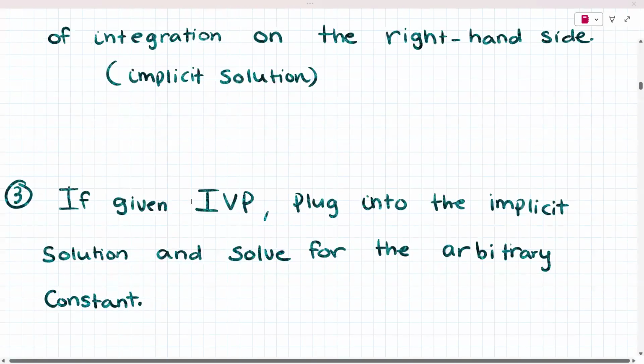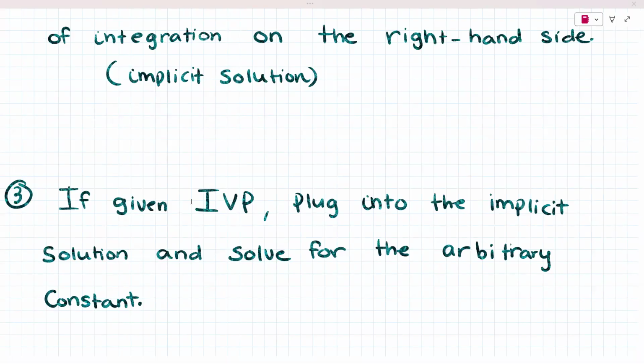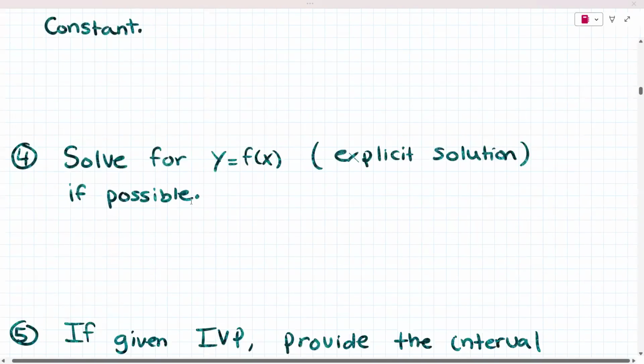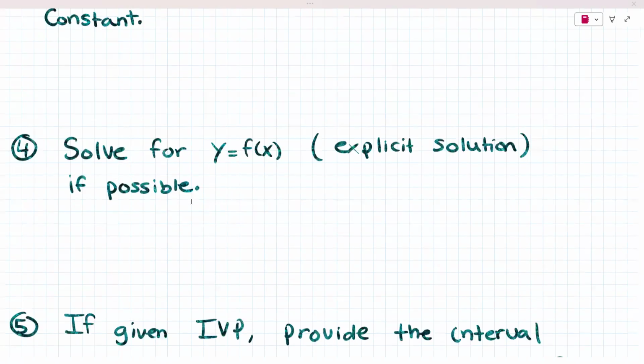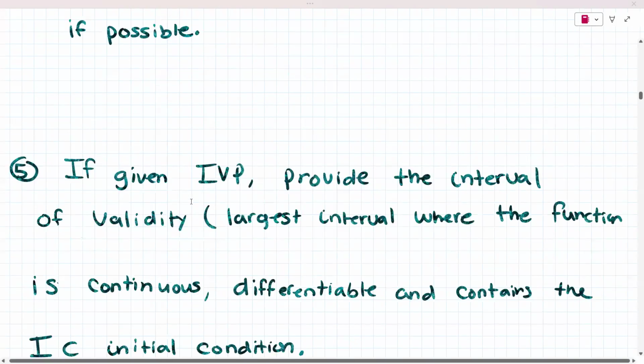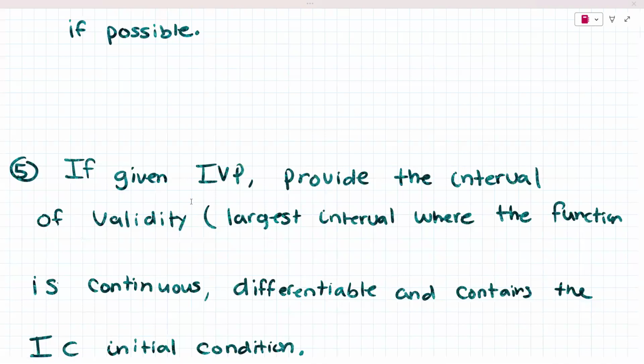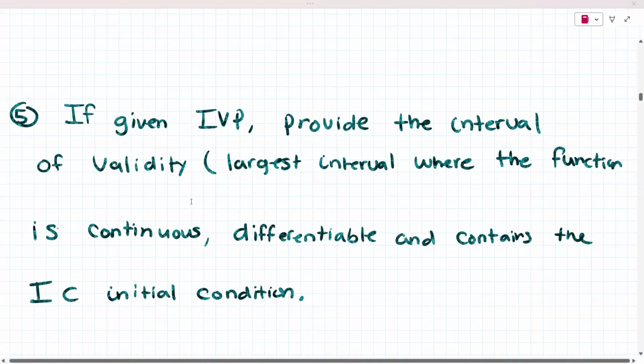Step 3, if you're given an initial value problem, like a coordinate or initial condition, plug it into the implicit solution and solve for the arbitrary constant. Step 4, solve for y equals f of x, the explicit solution, if possible. Step 5, if given an initial value problem, provide the interval of validity, the largest interval where the function is continuous, differentiable and contains the initial condition.